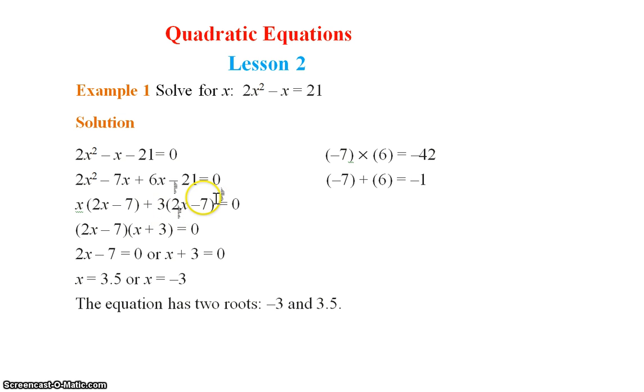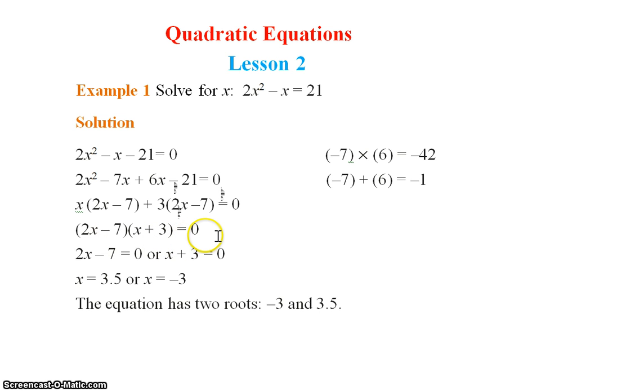When we divide second term by 2x minus 7, we get 3. Therefore, the left side of the equation is written now in factored form. The first factor is 2x minus 7, the second factor is x plus 3.